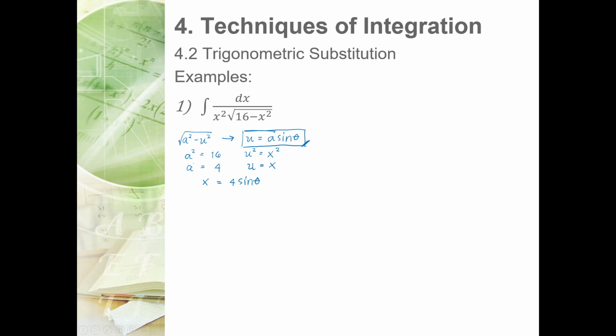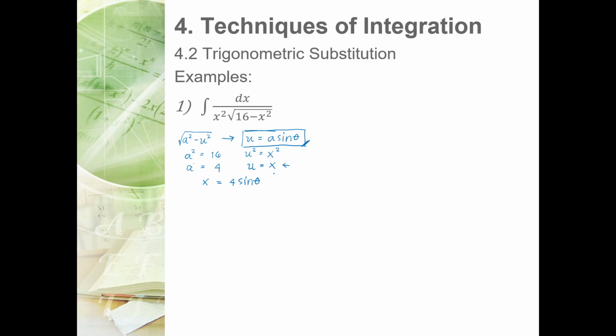Again, our objective here is to eliminate the radical expression, but another objective is for us to translate the whole expression into terms of trigo functions. So sine theta, cosine theta, and so on and so forth. We don't derive u here like we normally do, right? Getting u, then getting the du immediately, right?